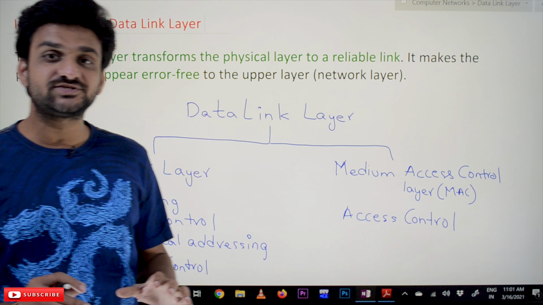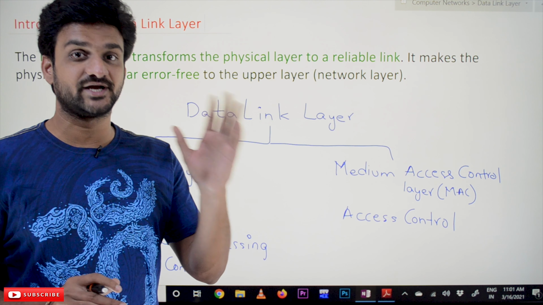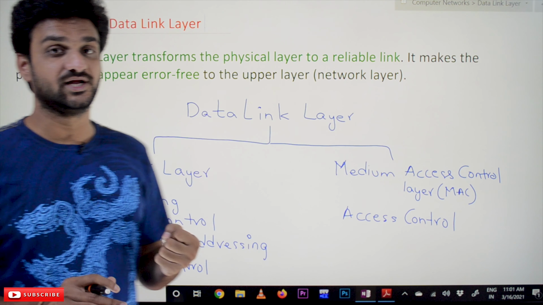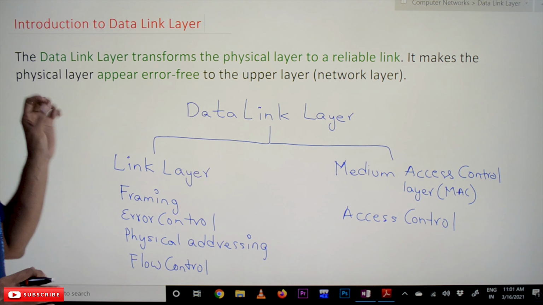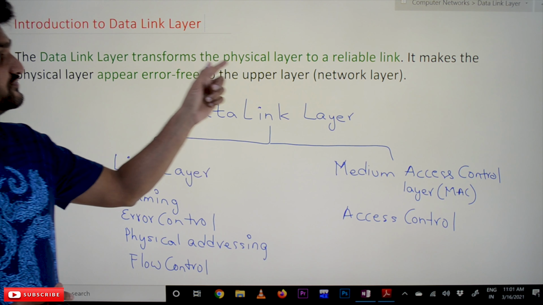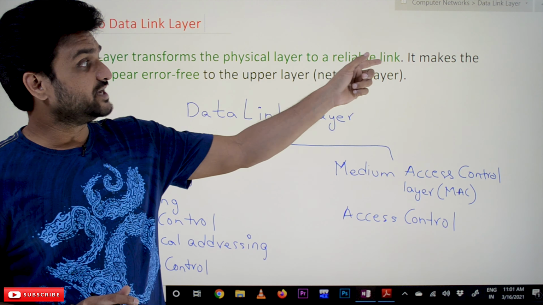Now coming to this class, we'll try to have an introduction to data link layer, which is the second layer of the OSI model. So what is a data link layer? The definition states that the data link layer transforms the physical layer to a reliable link.